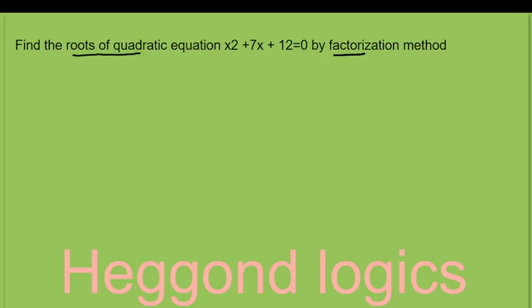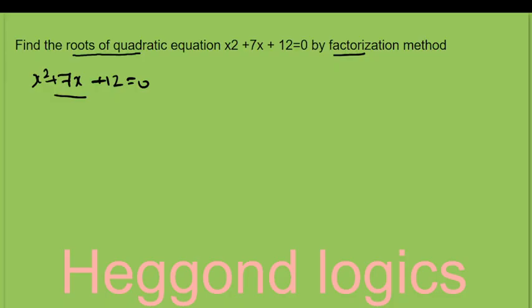Find the roots of the quadratic equation x square plus 7x plus 12 is equal to 0 by the factorization method. First we write the equation: x square plus 7x plus 12 is equal to 0. Before factorizing we need to know how to split up the middle term.